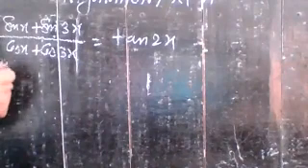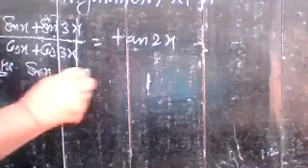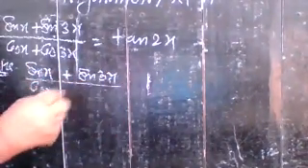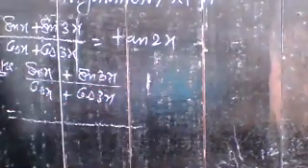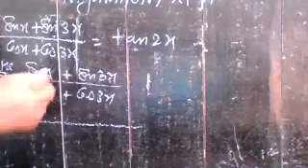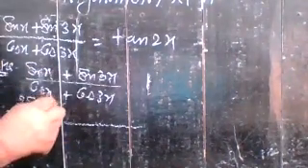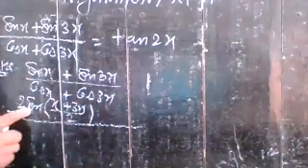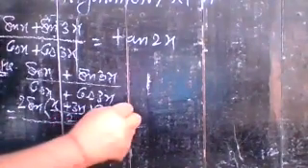Okay, so applying it on the left side. So here you have sine x plus sine 3x upon cos x plus cos 3x. Yes, applying the identity for sine x plus sine 3x. Understand? So what is that? 2 sine (x plus y by 2), meaning (x plus 3x) by 2, cos (x minus y by 2).